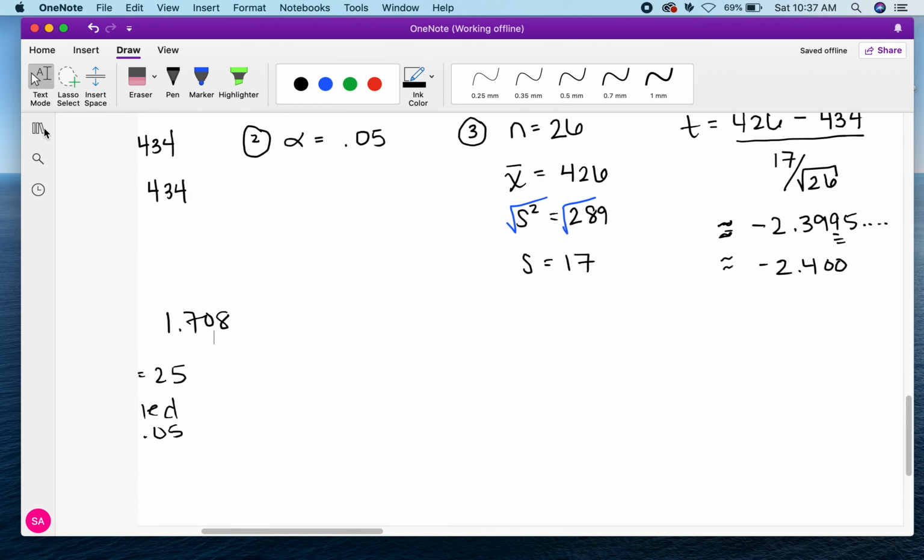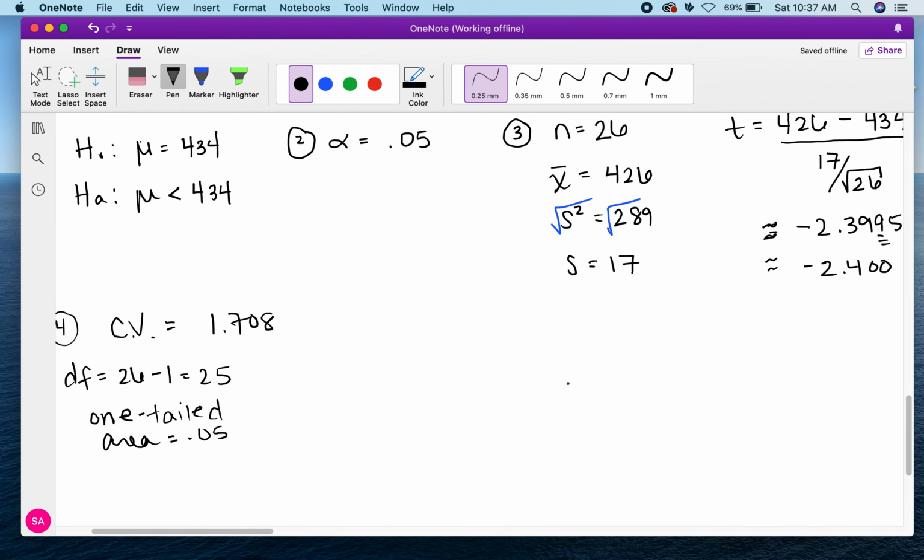Now, let me actually draw a picture, though. There's a little bit more to this one. So we're testing to see if the mean is less than 434. So our critical value is going to be on this left side.